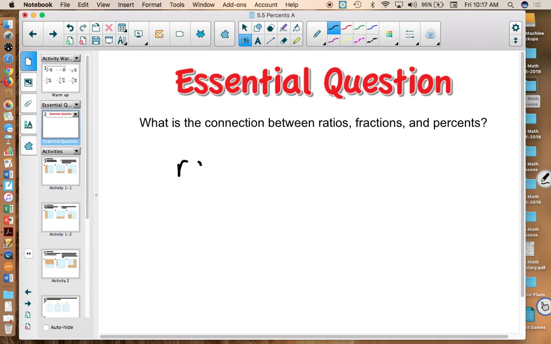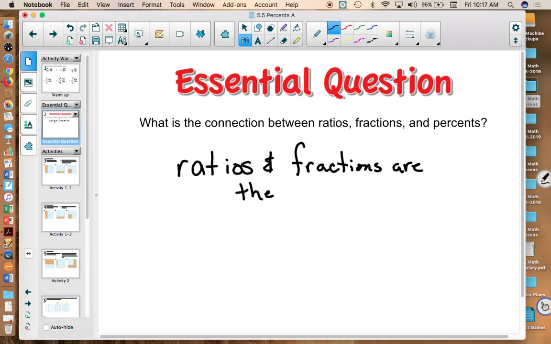Because we know a ratio can be expressed 3 to 4 like a fraction, and a fraction is 3 parts out of 4 parts, right?